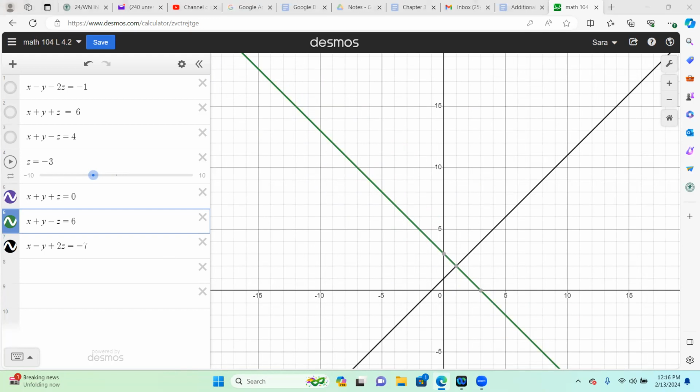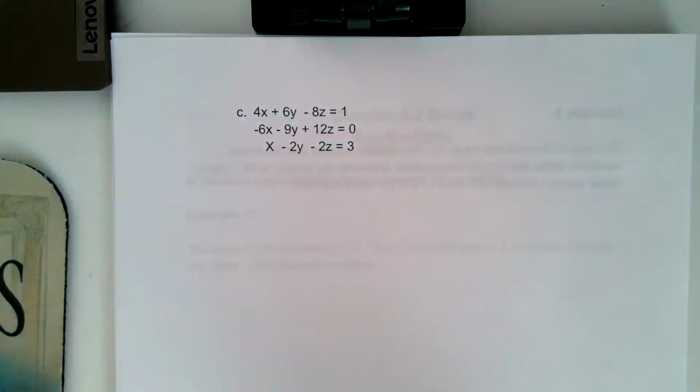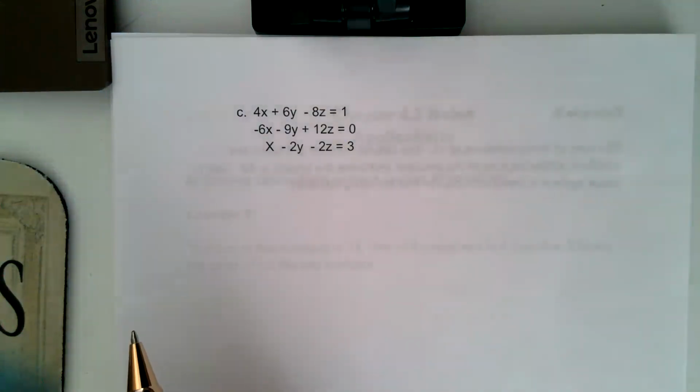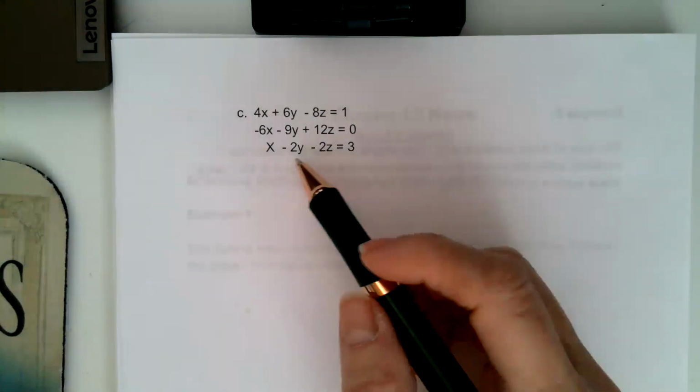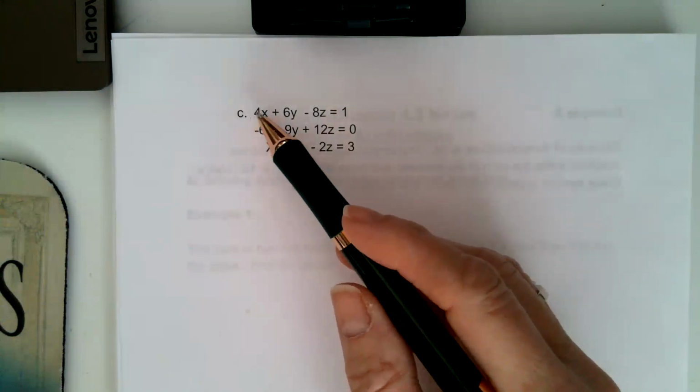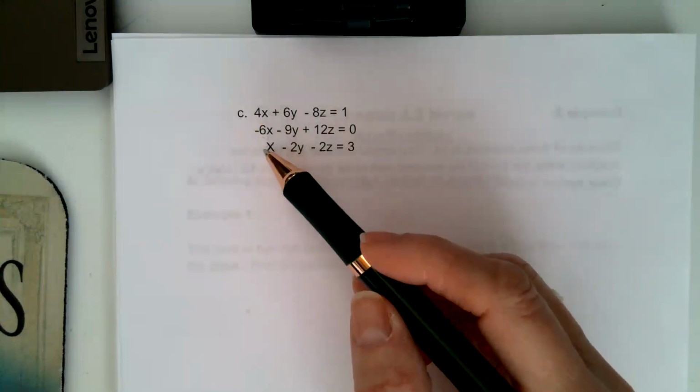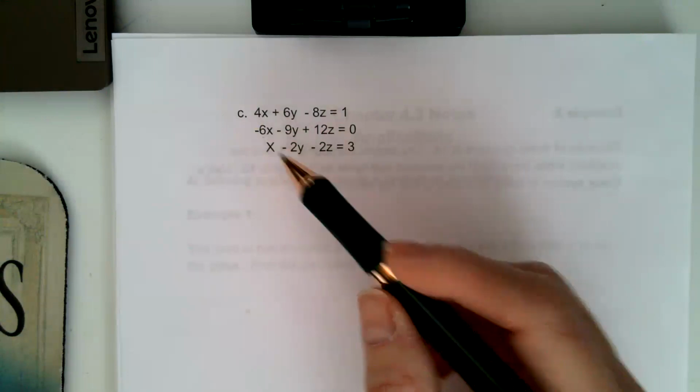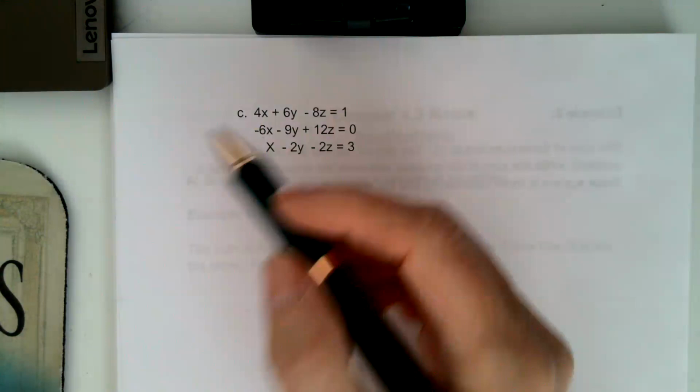Let's look at letter C next. These three equations here. And none of them are super easy. It looks like 4 and 6 are both multiples of 12 for X. I think that might be the easiest one.